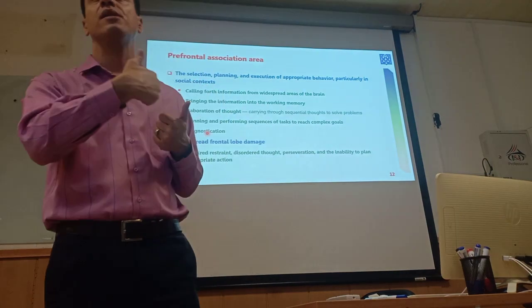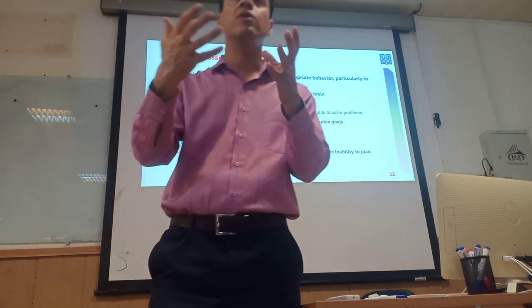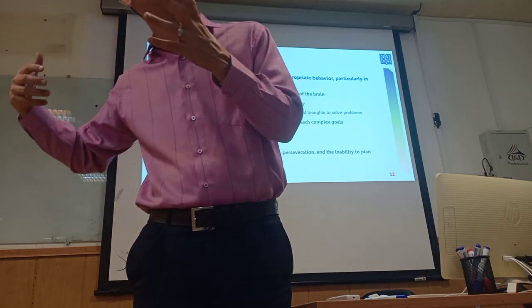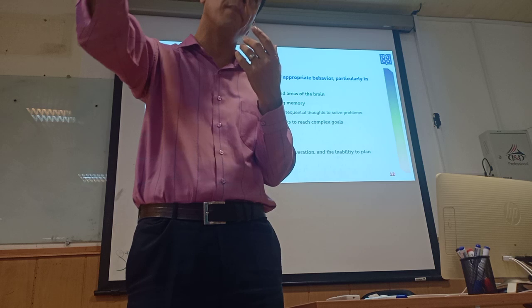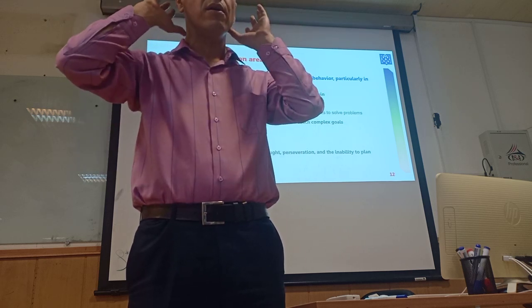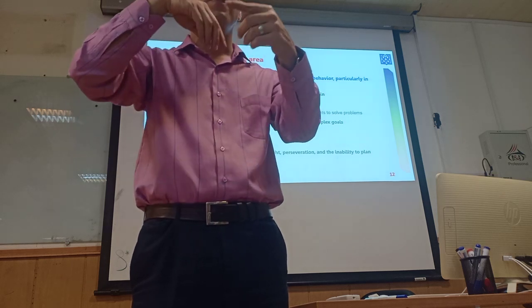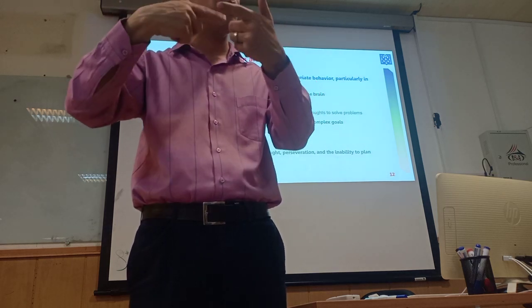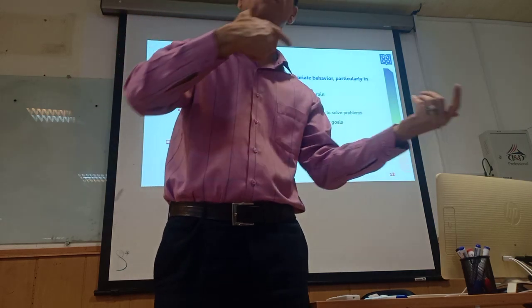prefrontal association cortex. So you can also bring the information into the working memory from the past memory, from the long-term memory, not from the sensory information. So past memory, I mean long-term memory, can come into the working memory, then they can be reanalyzed by the brain, and they can be used for another immediate goal.